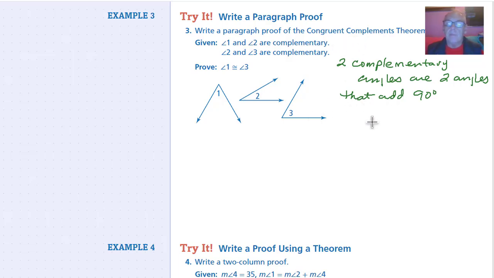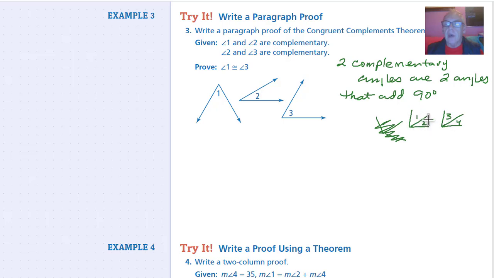And if you like, let me do a diagram here like this. Well, it's not really a good diagram, but the congruent complements theorem says that if you have 2 angles, let me do a picture like this. So you got angle 1, angle 2, angle 3, and angle 4.